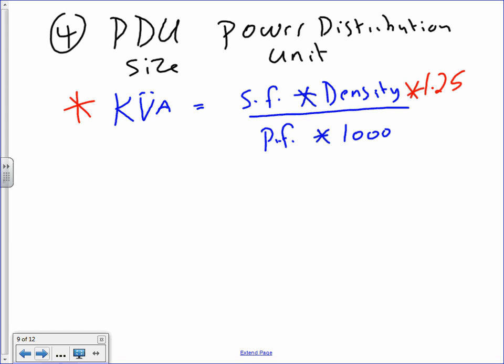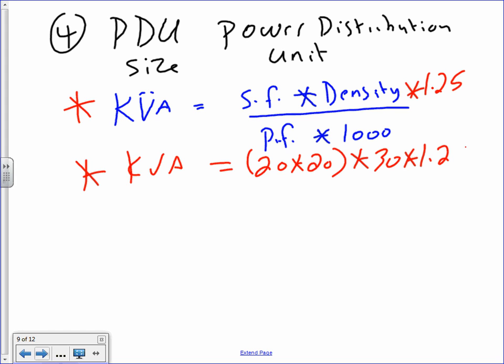Okay, so I'm going to repeat myself here, so excuse my repeating. I'm going to go right in here, guys, and say kVA for this project will be 20 multiplied by 20, that's the square foot of the building, multiplied by 30, multiplied by 1.25, divided by 0.8 times 1,000.